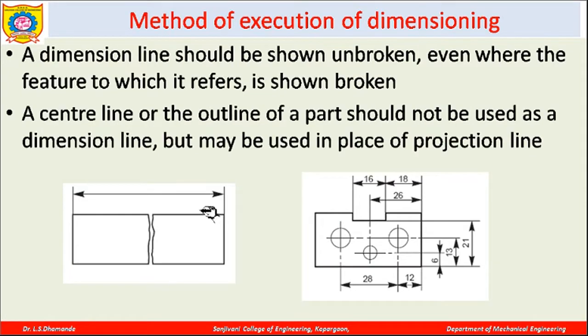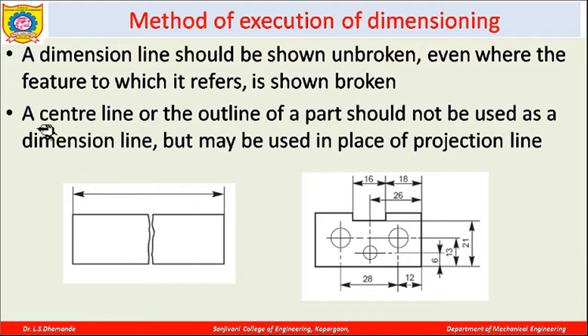So a dimension line should be shown unbroken. Even though the part is broken here, like you can see this component is shown in a broken state, the dimension line should be shown continuous, even where the feature to which it refers is shown broken. That is what we discussed here: even though the feature to which you are showing the dimension is broken, the dimension line should be continuous, it should be unbroken.